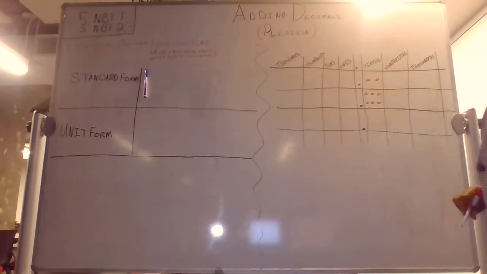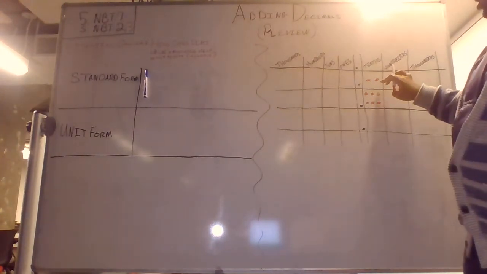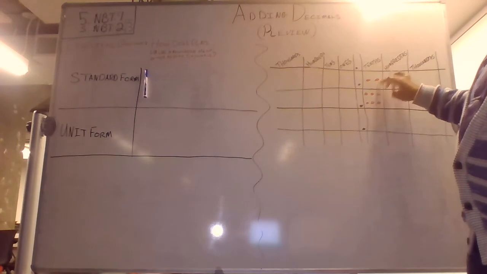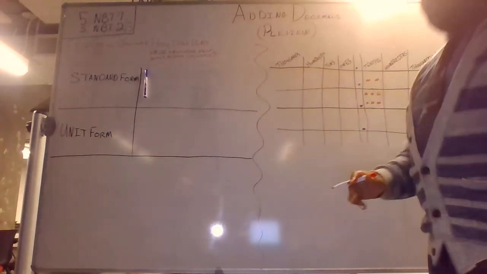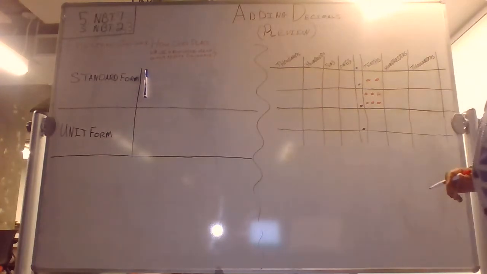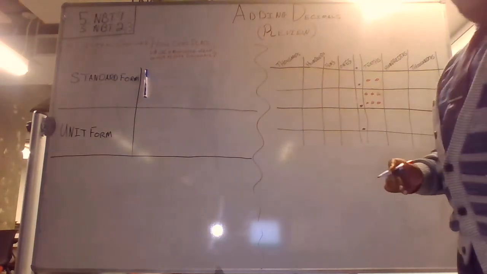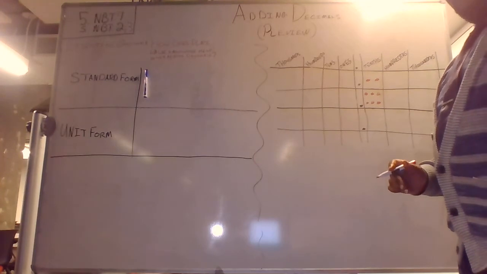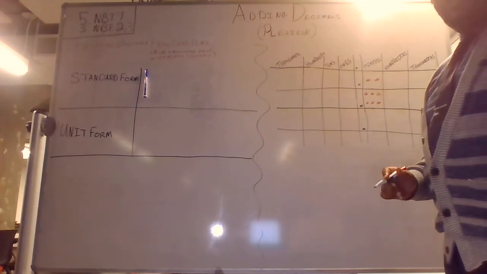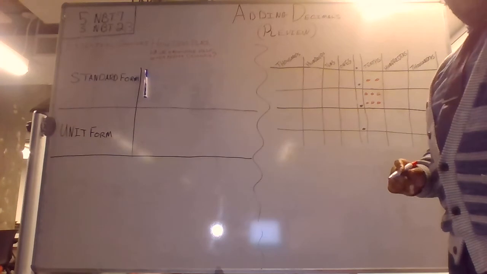Now, our question was, what is 2/10 plus 6/10? Well, we know that 2 plus 6 is 8. So, 2/10 plus 6/10. Go ahead and give me your best shot in the comment section. Go ahead and pause the video.